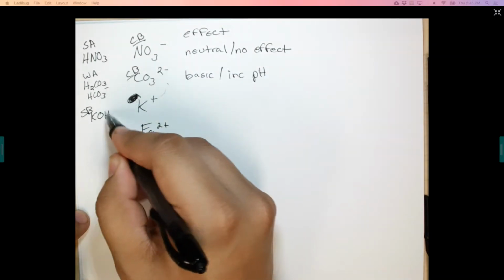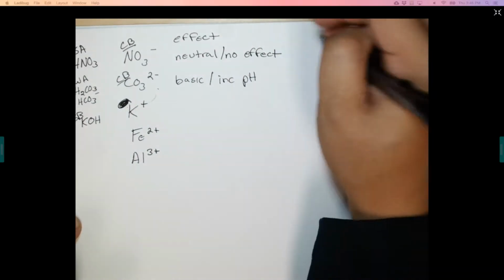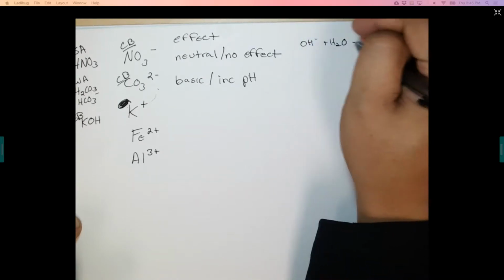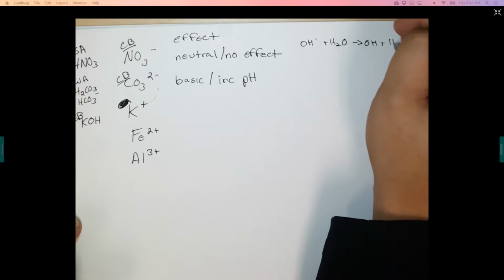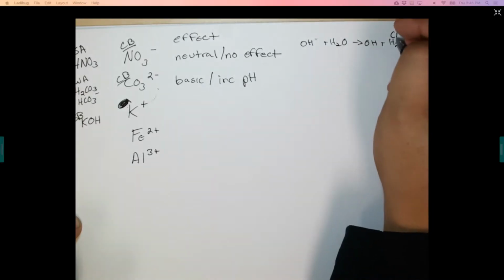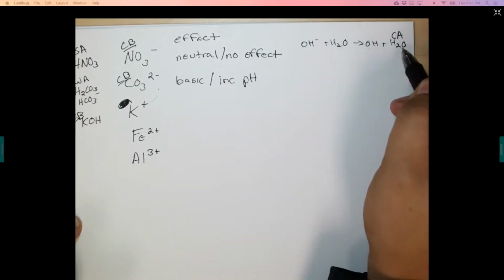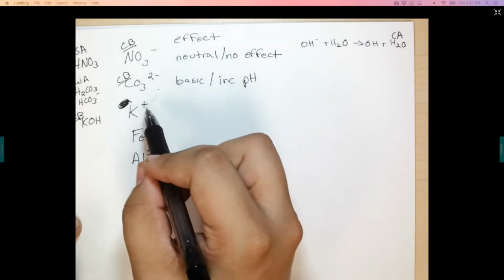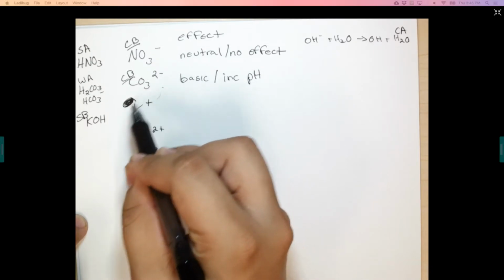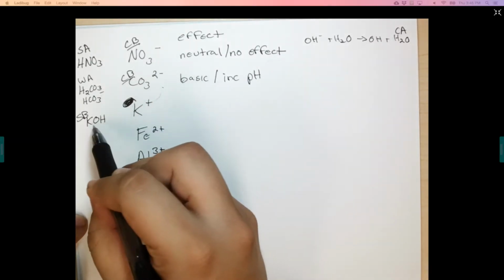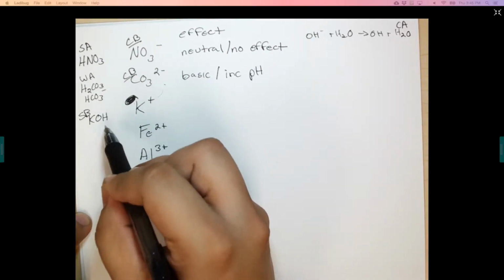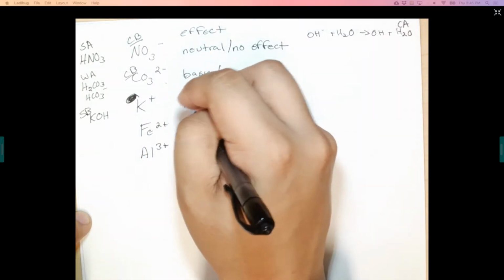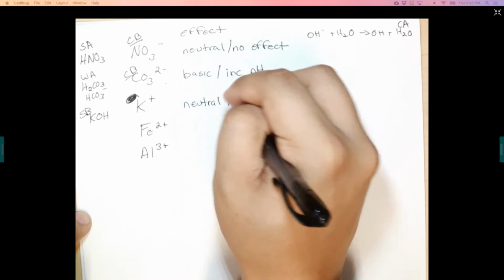So remember, when we write out hydroxide in solution, we are writing out OH minus plus H2O, which creates OH minus and H2O. So don't get confused. The conjugate acid here is effectively water, not K plus. So K plus is not technically a conjugate acid, but it is the ion that is associated with a strong base. And since a strong base, by definition, dissociates completely, K plus should be neutral and therefore have no effect.